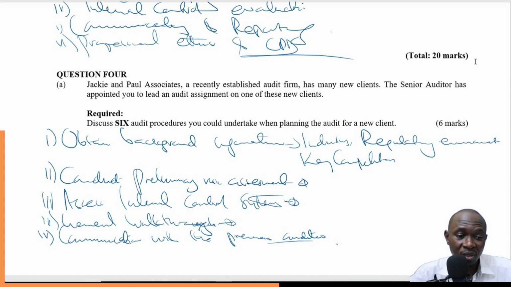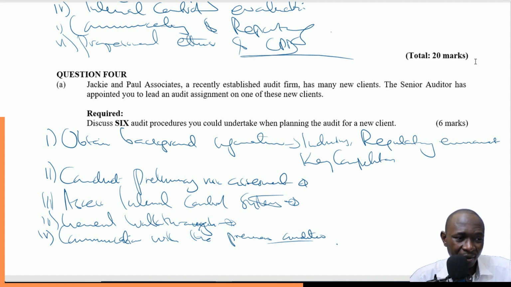It's always very important that you have some prior information about this new client, and also that for continuity of the job, you are simply picking up from the previous auditor, and of course you will also use those financial reports that were done by him for continuity. So it's very important that you communicate with him, and he might share one or two things that he feels are very important and that will go a long way in informing the next audit.